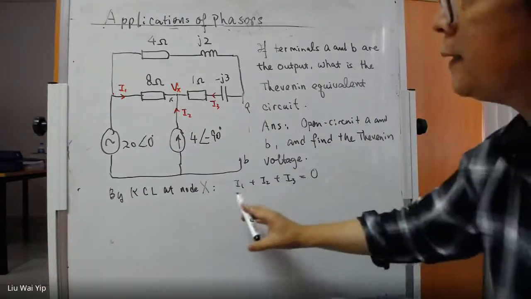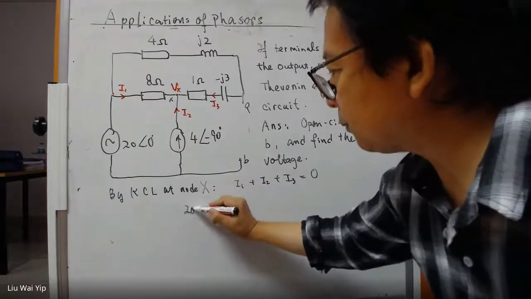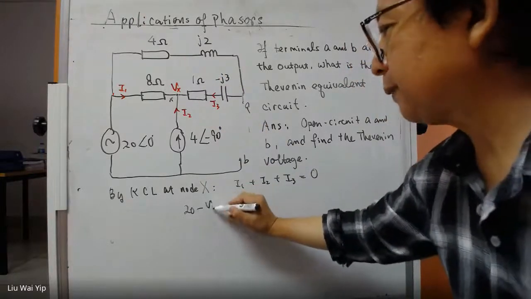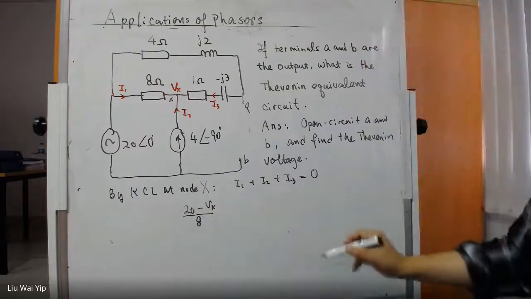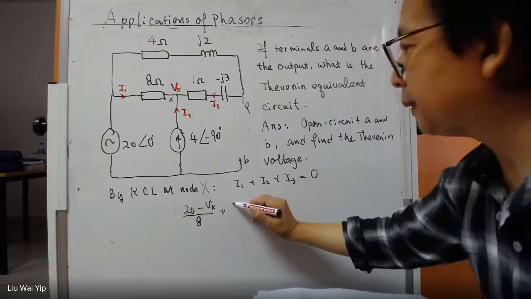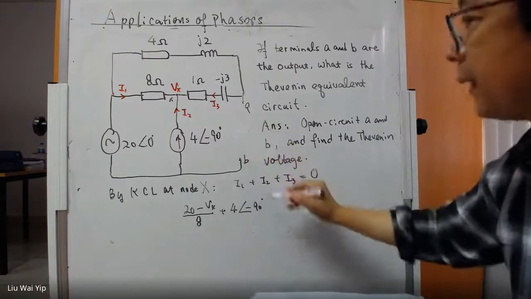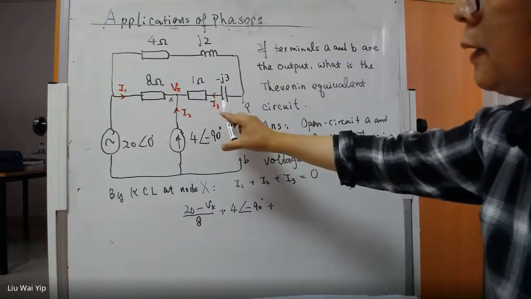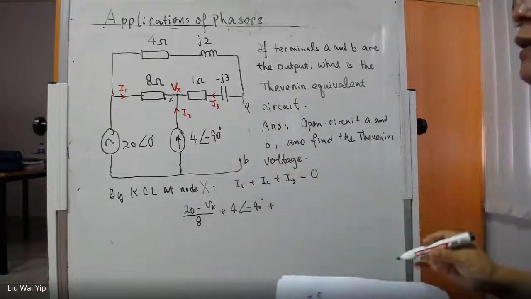In this case, what is I1? I1 is 20 minus Vx divided by the impedance. And what is I2? I2 is already given. And what is I3? I3, you can use VA minus Vx, but this is complicated.